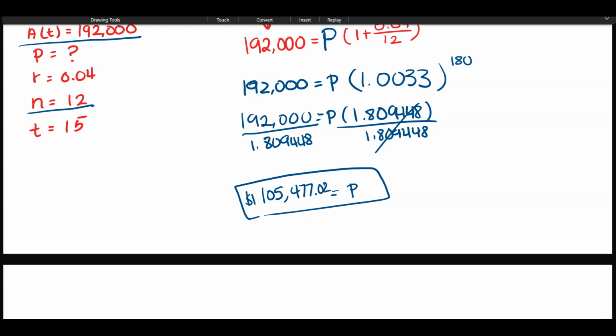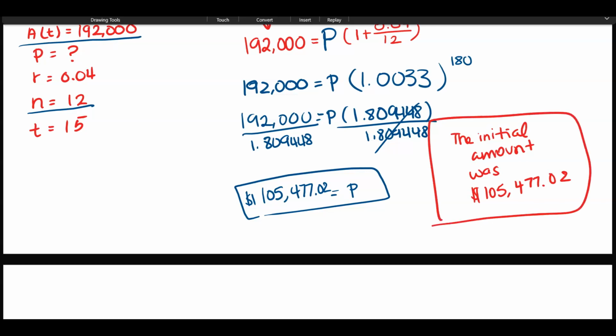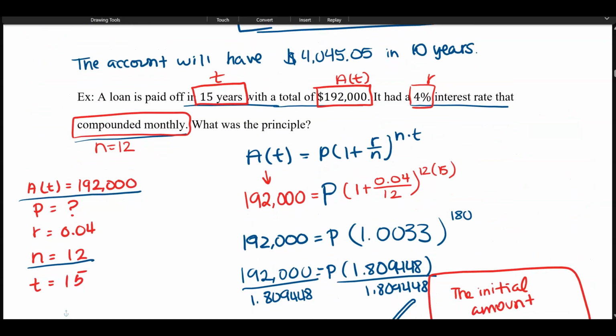So just to finalize this in a sentence, we'd say that the initial amount invested was 105,477.02. Okay. And so that's it for that problem.